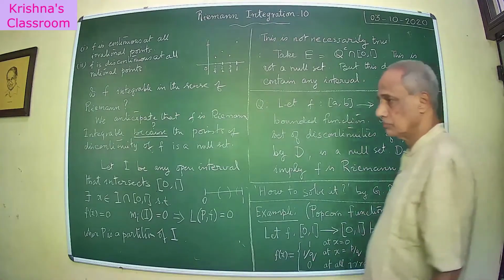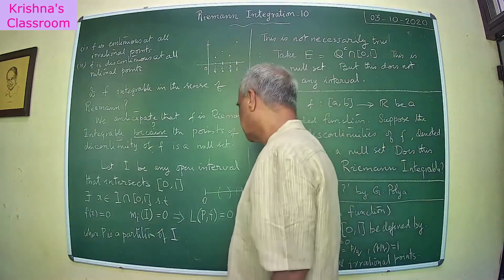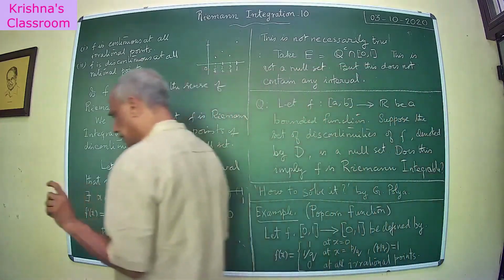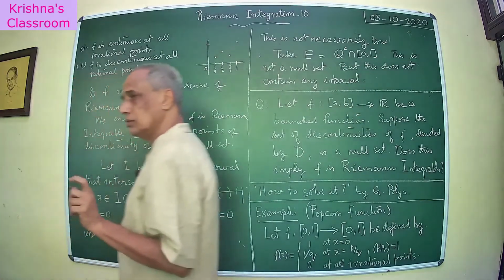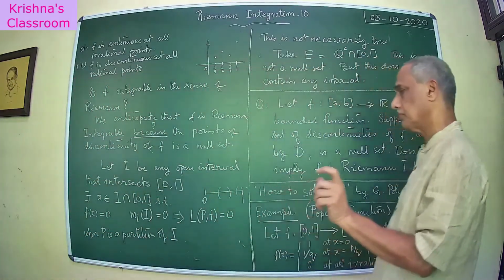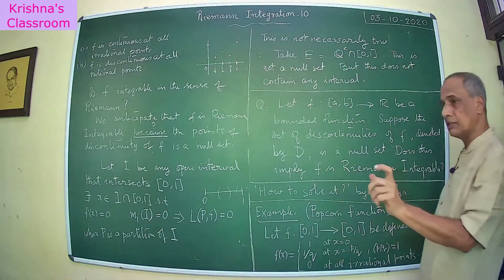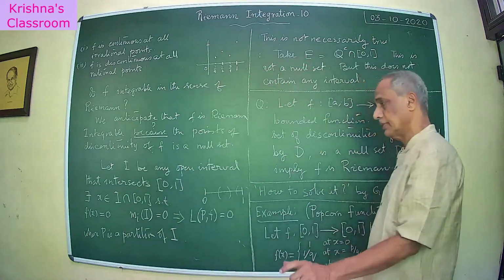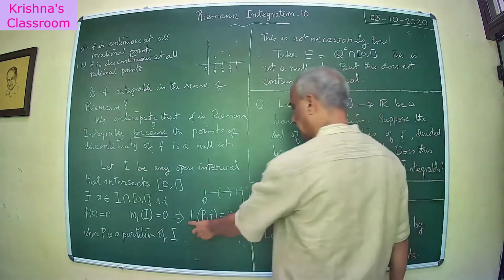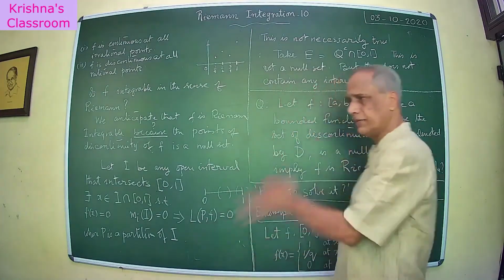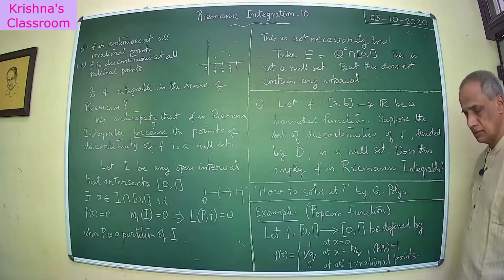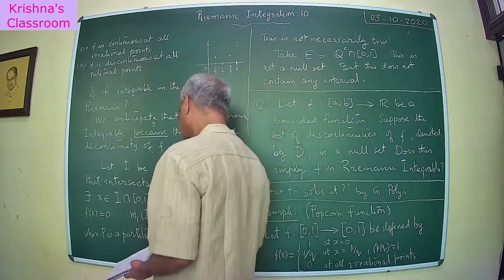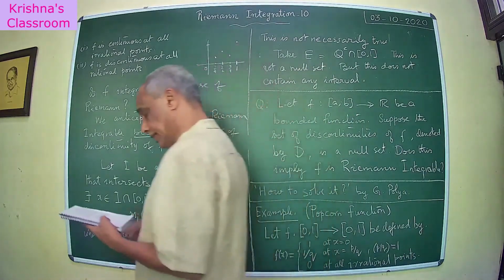Therefore, on every interval of the type x_{i-1} to x_i, you have a point where the function f vanishes, and therefore the minimum of the value the function picks up on that interval is 0. Therefore, you see that the lower sum corresponding to the partition is equal to 0. In fact, the lower sum corresponding to any partition is equal to 0. Not for a particular partition, for any partition.